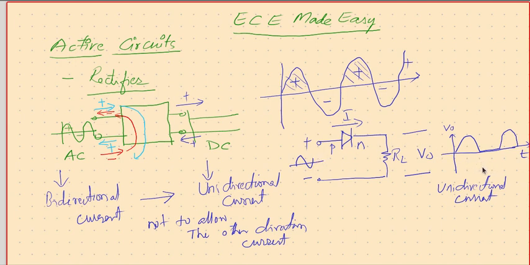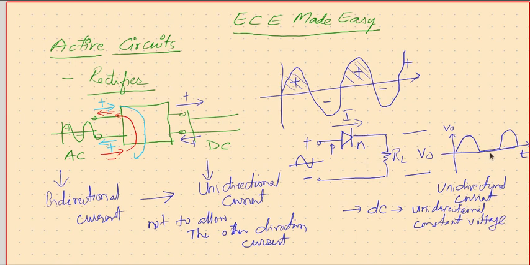Are we satisfied? Definitely not, because what we meant by DC is not just unidirectional but also a constant voltage. Where is the constant voltage?